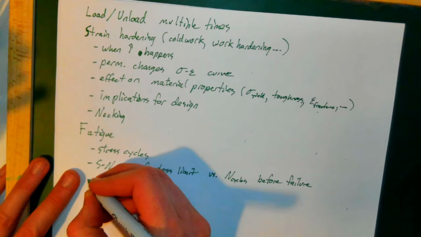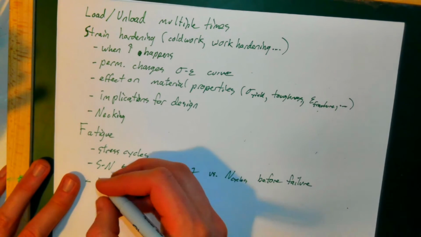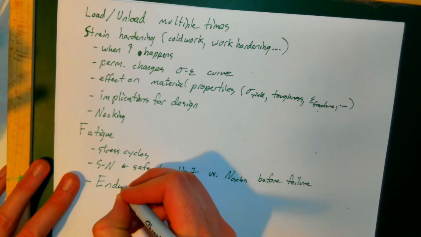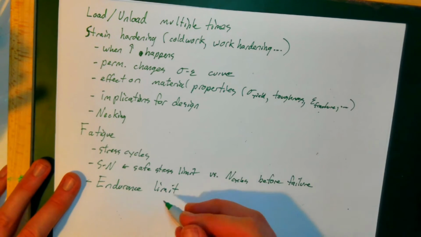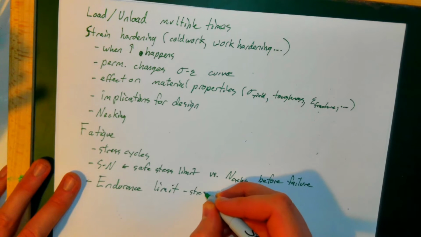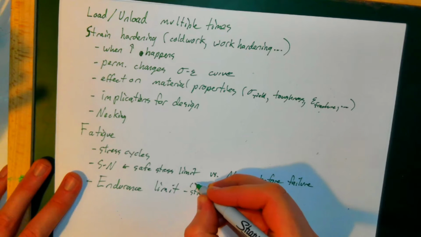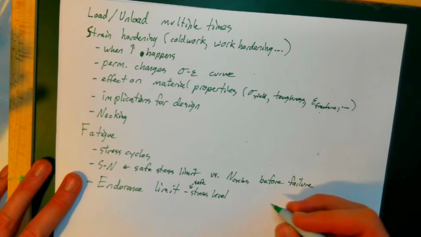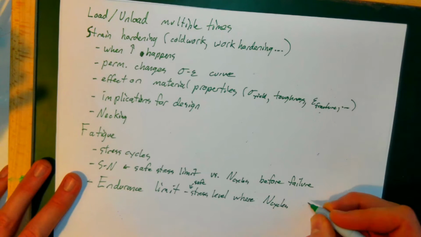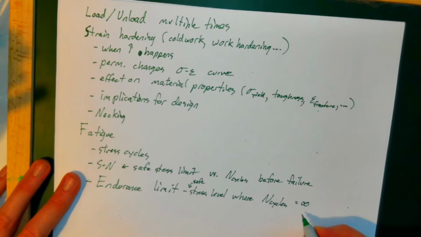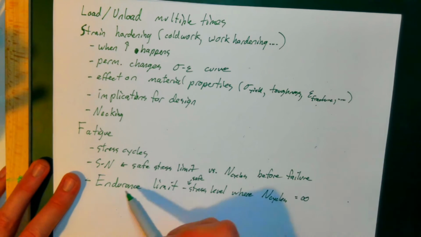And then one key feature of the SN curve for many materials, not all materials, but lots of materials, is what's called the endurance limit. It turns out that this is basically a stress level, a safe stress level, where we can actually support hypothetically an infinite number of stress cycles without failure occurring.